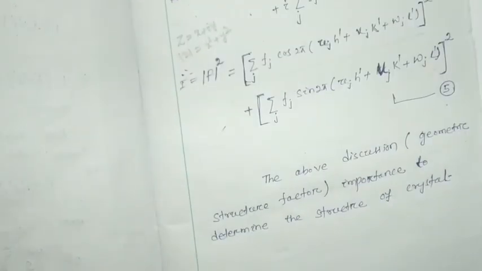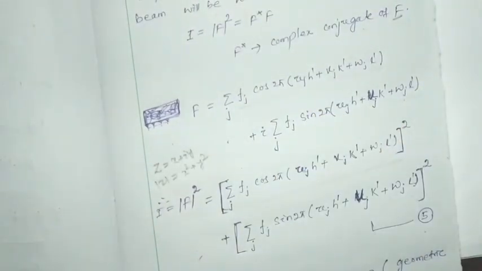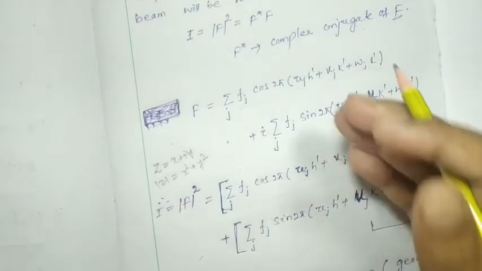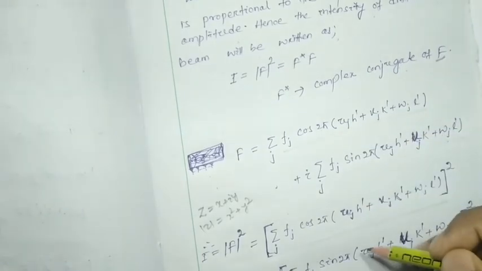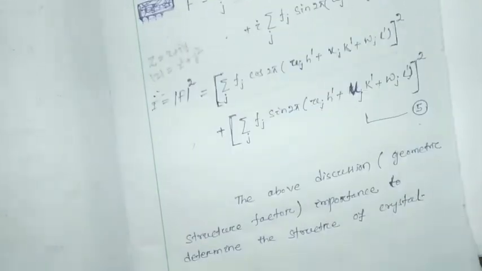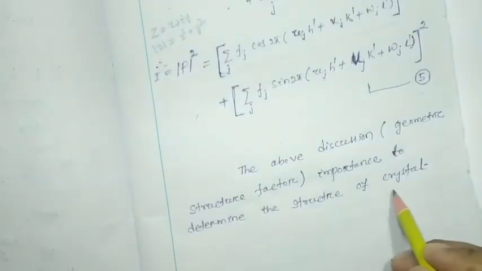All the discussion here, finding the intensity from the amplitude, is most important, because using the geometrical structure factor and how we calculated the intensity, we are going to determine the structure of the crystal.